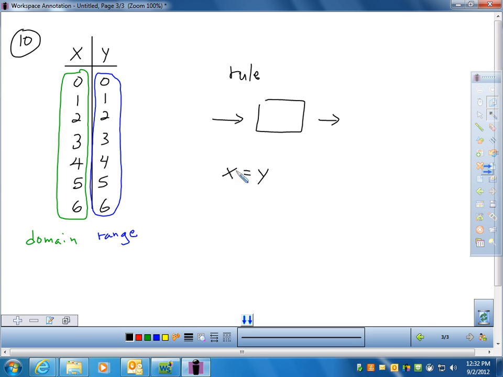The function is taking x, doing nothing to it, and spitting out y. So if I'm plugging in x, the box adds nothing to it, so I don't have to even plug in 0. I guess I could. If I wanted to, this would also be correct for that. x plus nothing equals y. Okay, I took x, did nothing to it, and it spit out y. So that would be the rule for that function.